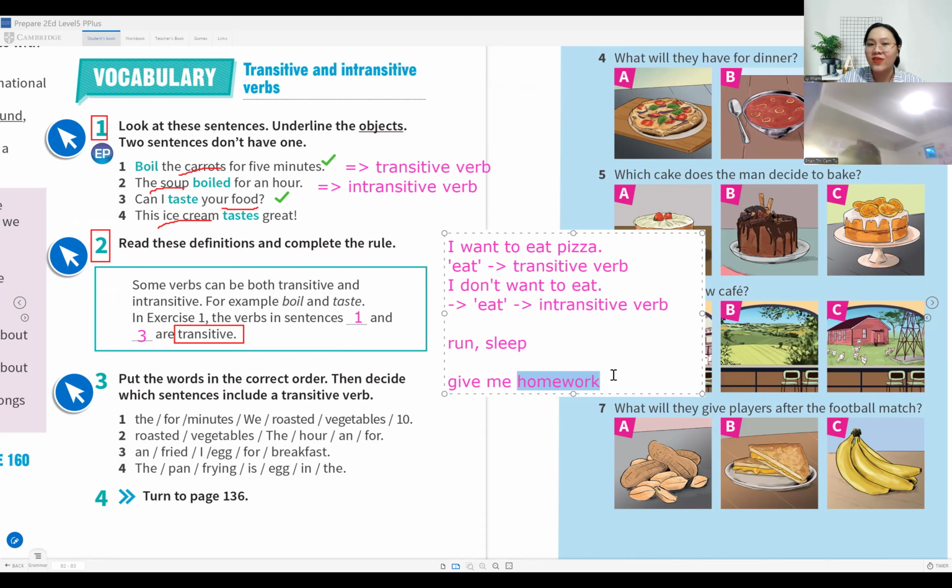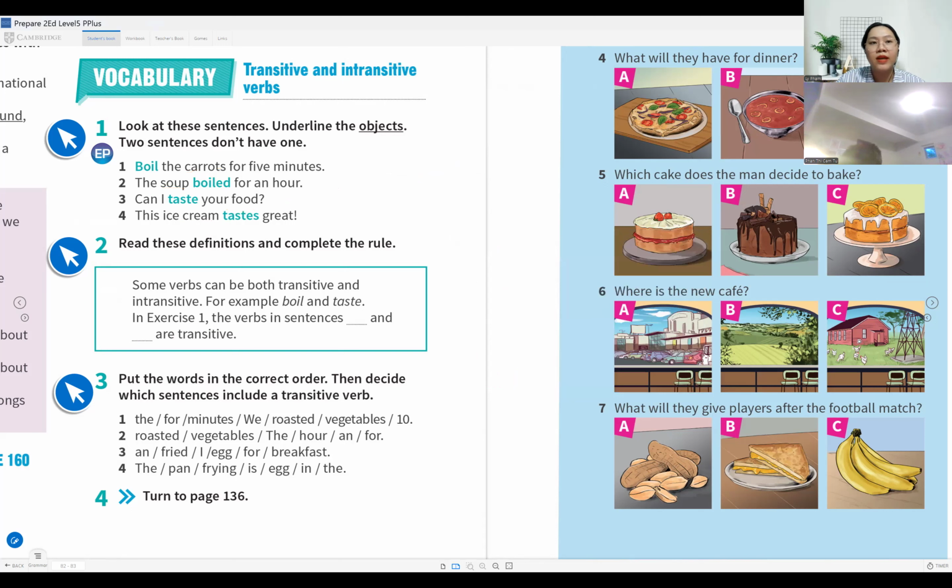So give is always a transitive verb. Is that okay for this one? Don't worry. Let's practice more with me. I have this game and I hope it can help you know more deeply about these two types of verbs.